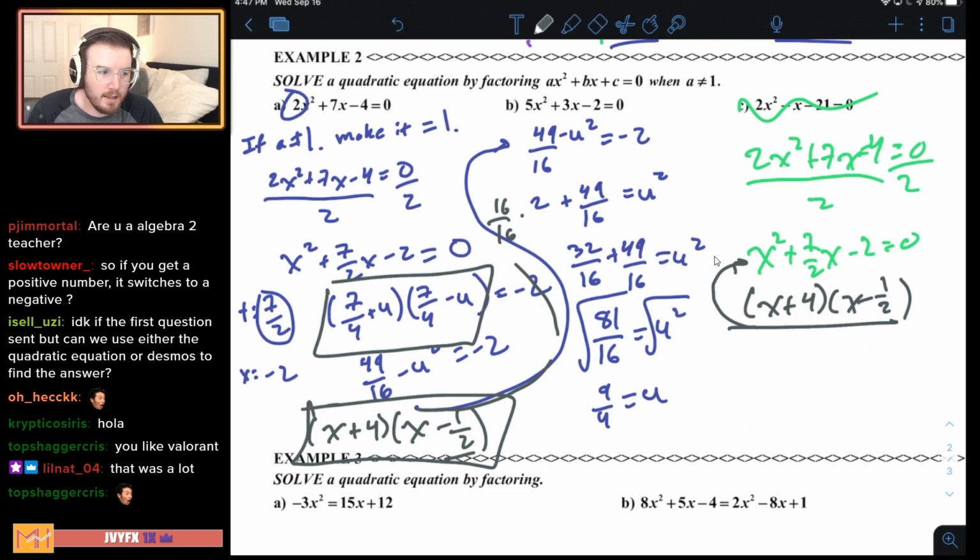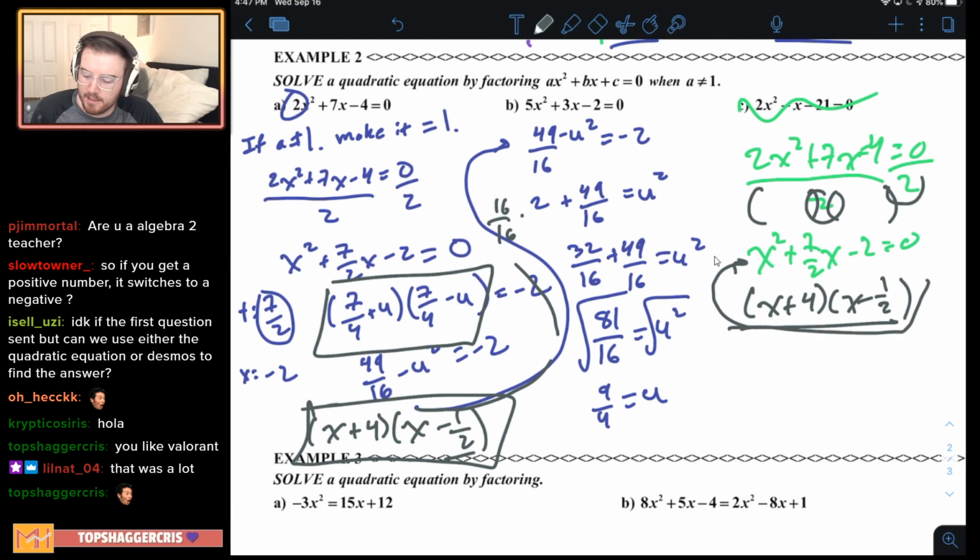But what is the factored form of that? Well, I'm going to do something on the fly here. This thing with the fraction, what number did we get rid of? 2. Let's put it back.